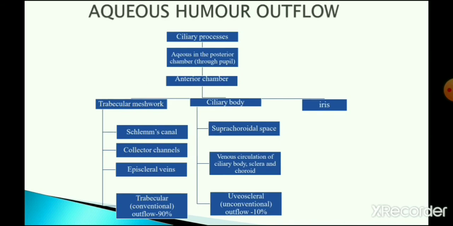This is a flow chart of how the aqueous humor outflow occurs, which we have already discussed. From the ciliary body, it is finally formed and released through the trabecular network, which accounts for around 90%, and the other route only 10%.